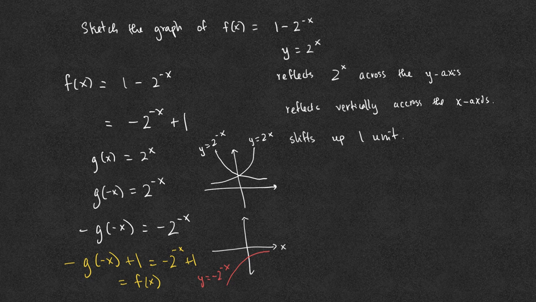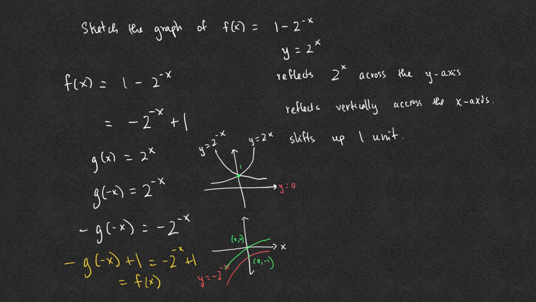And so if the y-intercept was at 0, 1, when we flipped it over, then the y-intercept is now 0, negative 1. And so if we bring it up 1 unit, then the y-intercept is now at 0, 0. The horizontal asymptote of y equals 2 to the x is y equals 0.